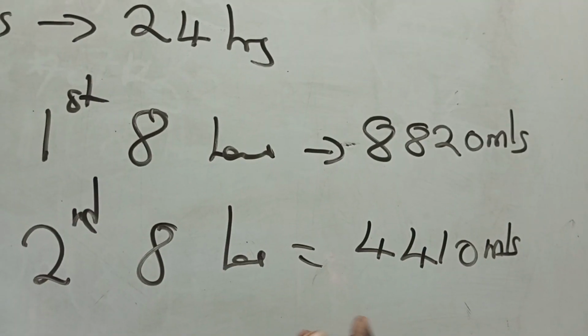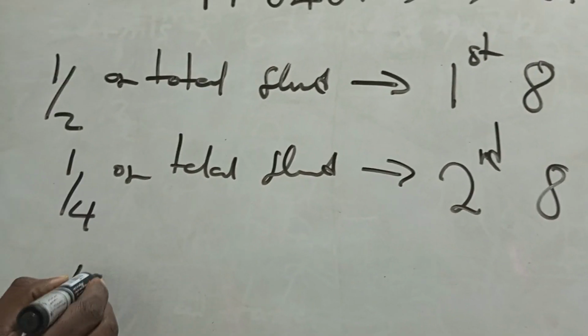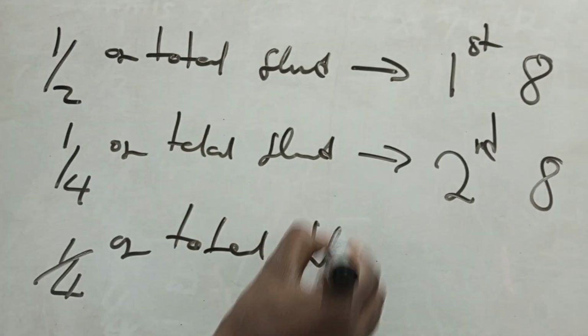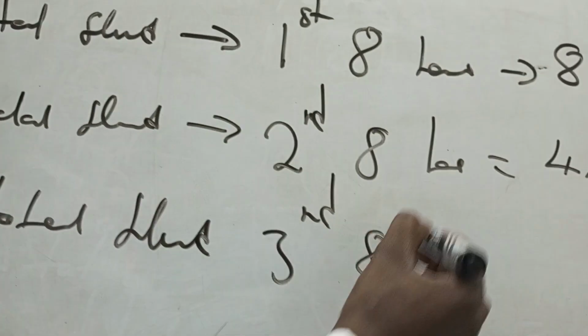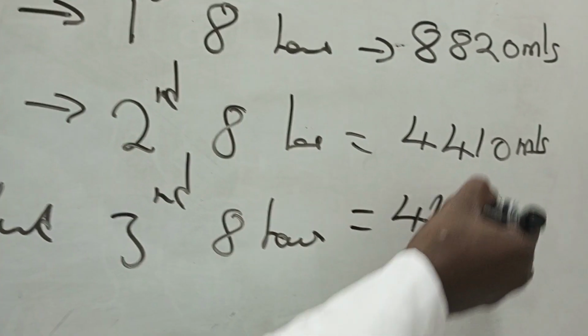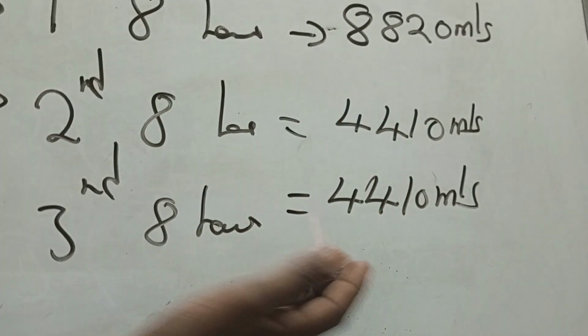Then of course the last quarter of the fluids, meaning 1/4 of the total fluids, you give in the third and last 8 hours, which will be 4,410 mils.